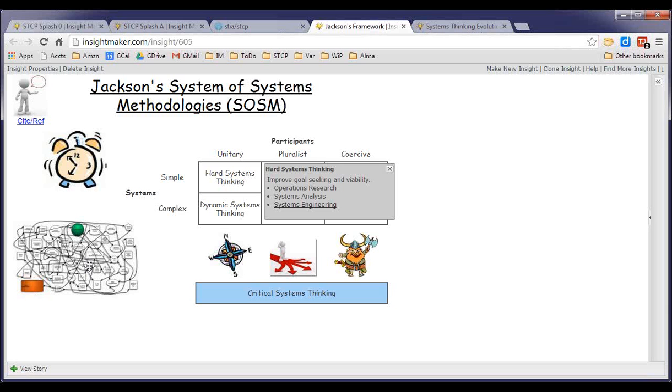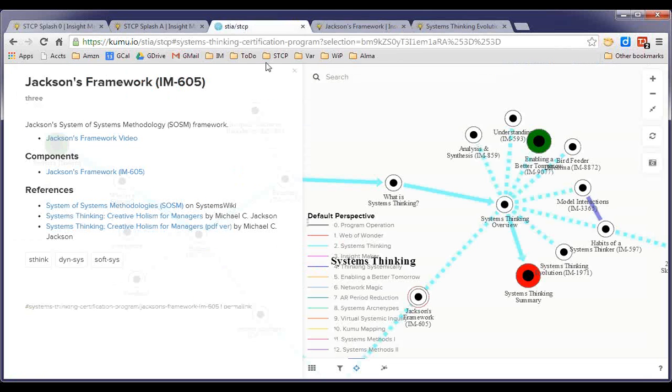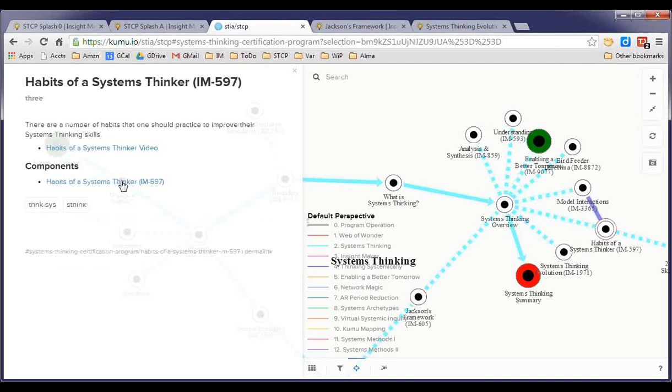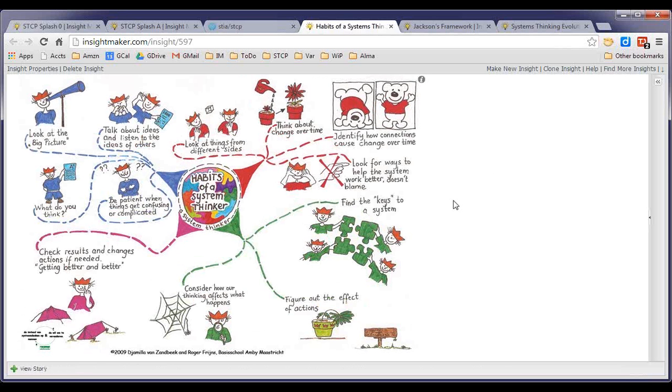Senge said systems thinking is a discipline. It's the fifth discipline. And within that, certain people have developed habits of a systems thinker, the kinds of things that you do on an ongoing basis. The difficulty with this is what order do you do them in? It's a set of guidelines, and it's all mishmash.